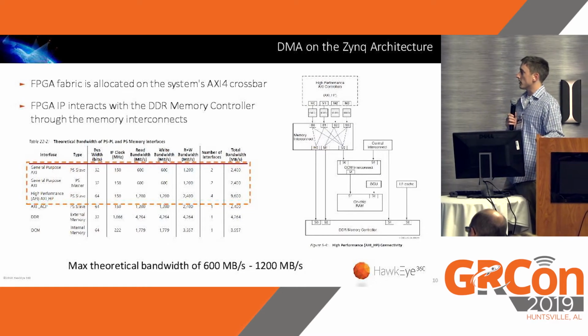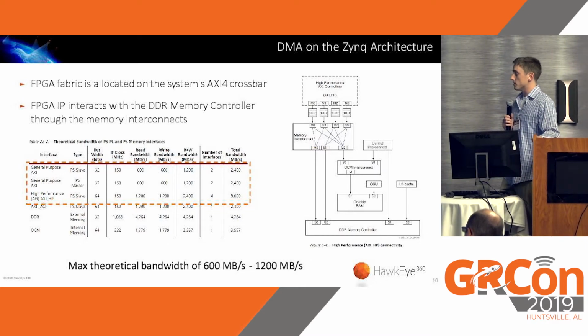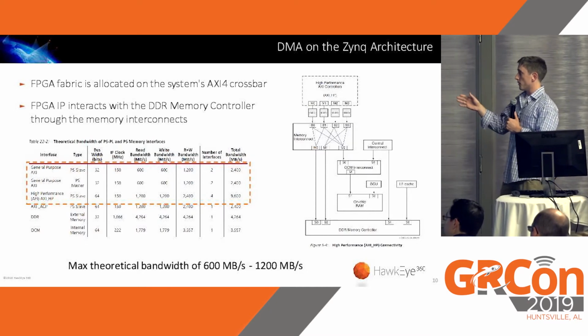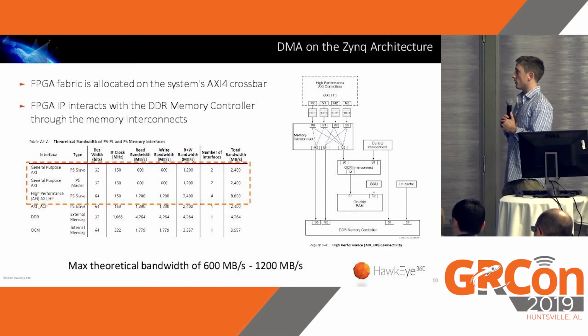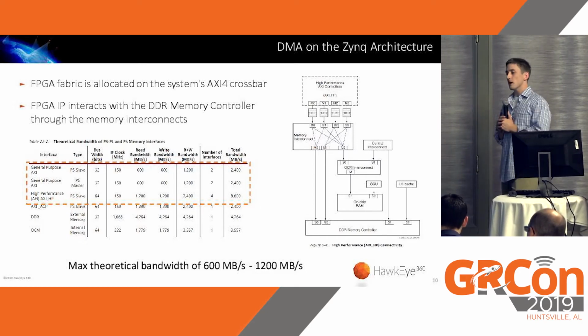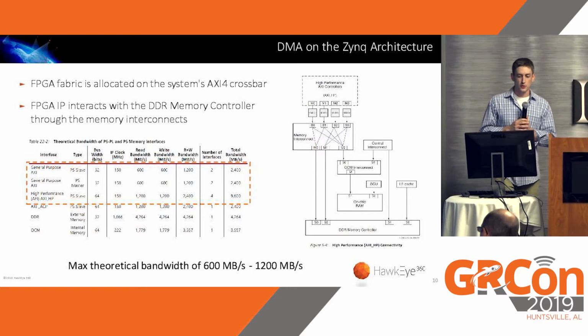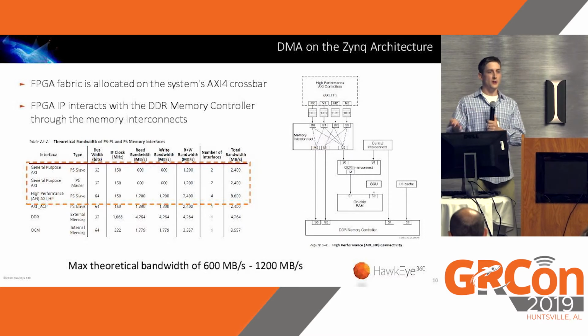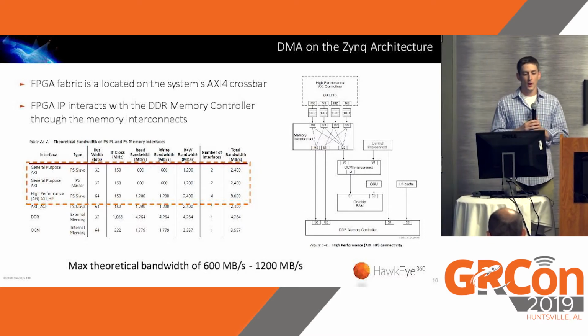You're never actually going to get there because there's overhead associated with each transfer. You have to packetize the packets that go onto this memory interconnect and the high-performance controller. So you won't quite get there. And on top of that, you also need to share the controllers with other things. So if you have a DMA that's accessing that and then something else, then you actually have to split the bandwidth.